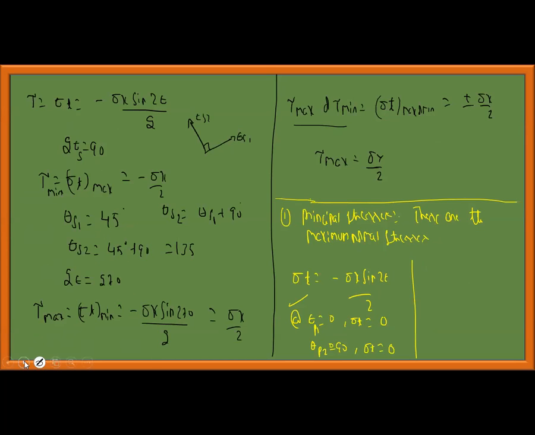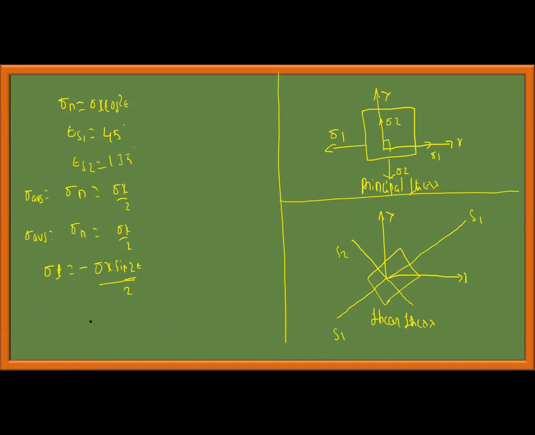Theta s1 is equal to 45 degrees, so sigma t is equal to minus sigma x by 2. The negative sign indicates clockwise. On the x face, my sigma t or tau max is acting in the clockwise direction.